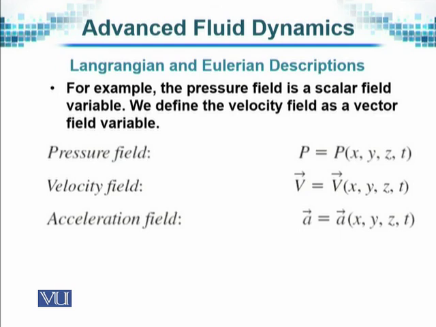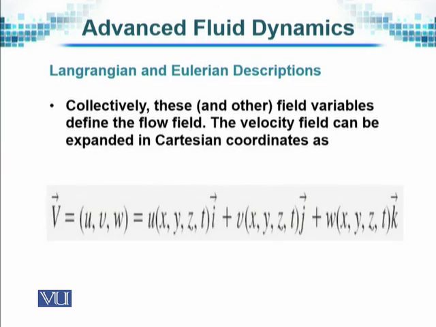The velocity field does many times change with time, but it can be fixed as well and not dependent on time, but it does depend on the x, y, z directions because it has a component that plays a role in the x, y or z directions, the three standard rectangular coordinates. The same goes for acceleration. Collectively, these and other field variables define the flow field.